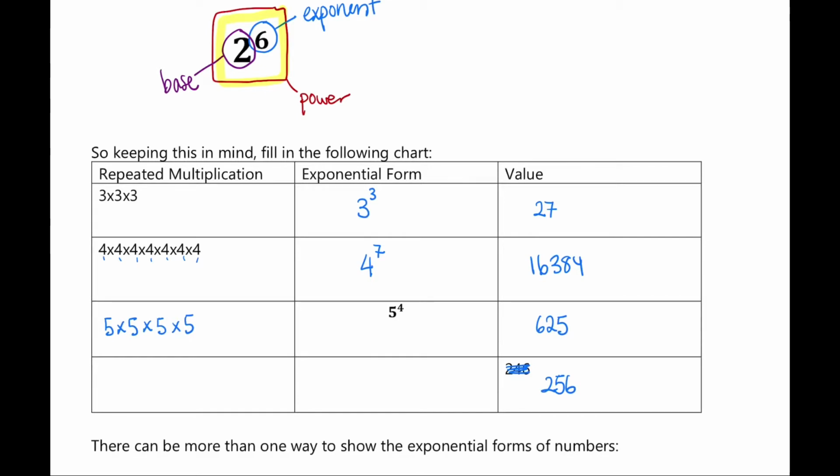I want you guys to figure out the exponential form and repeated multiplication that would give a value of 256. You can pause here for a second and come back when you are done. All right, so it is 2 to the power of 8. As a repeated multiplication, we can rewrite it as 2 times 2 times 2 and so on. And you can double check by putting it into the calculator.